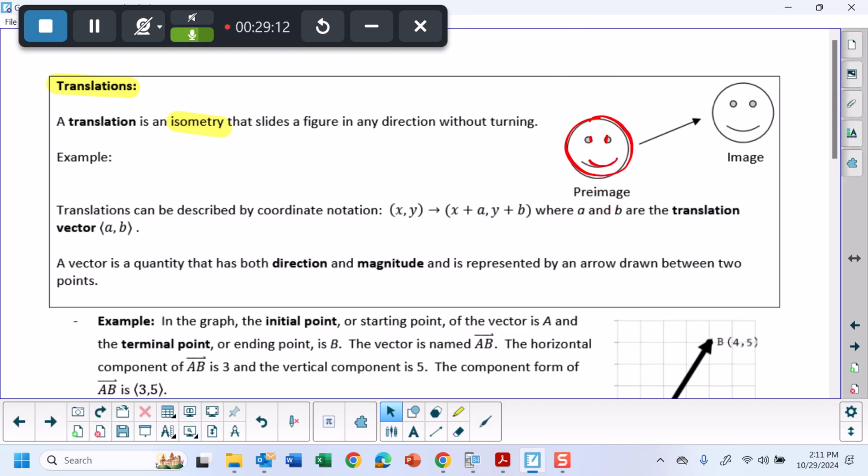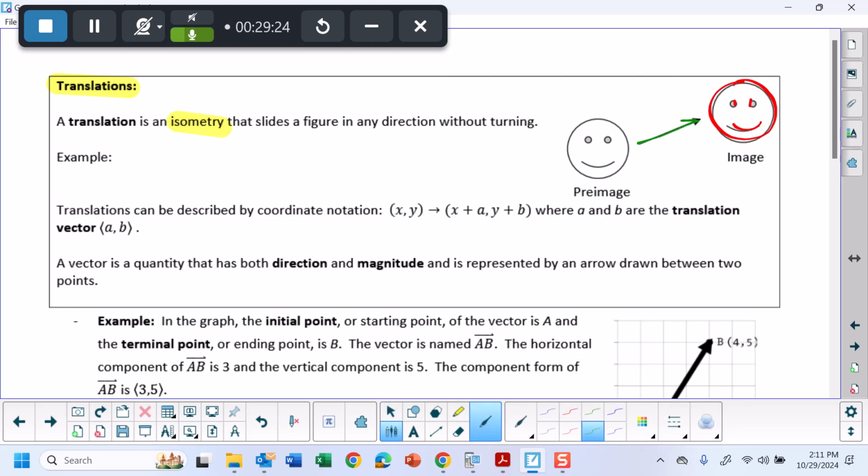I can move my happy face horizontally, but I can also move my happy face along a diagonal vector. And this diagonal vector becomes an important conversation in showing how we move things on the coordinate plane.